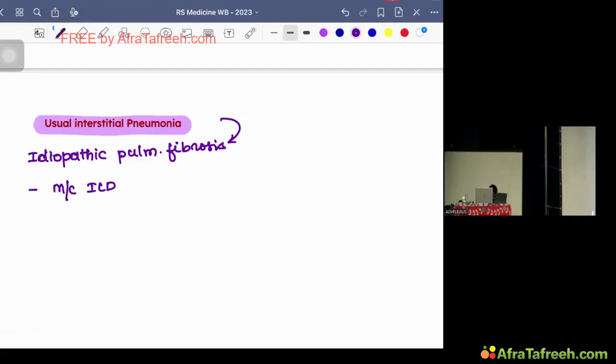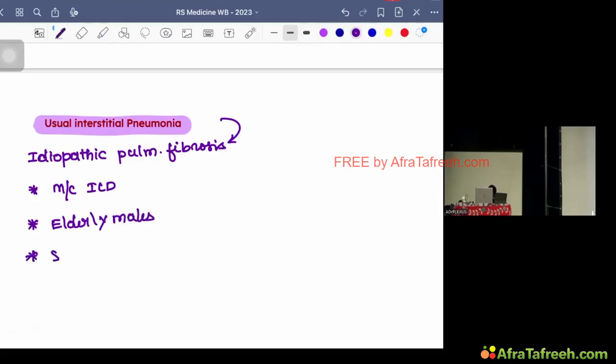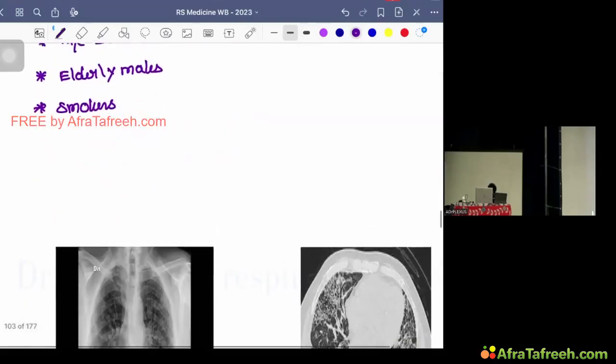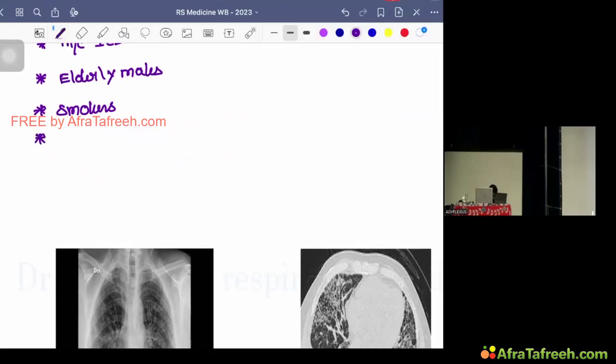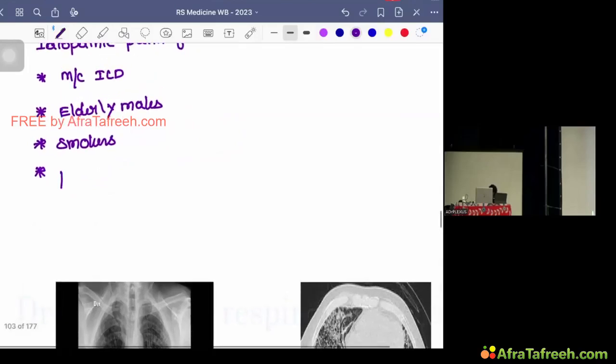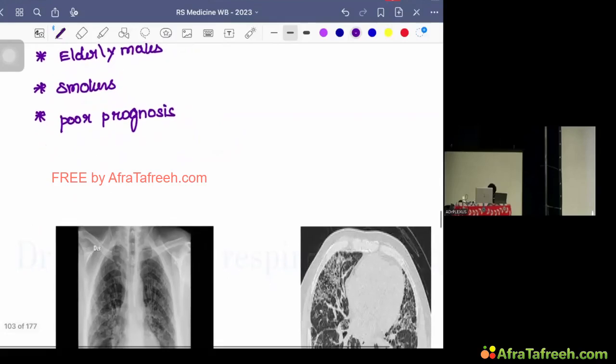It is usually seen in elderly males who are smokers. This condition is going to have a poor prognosis. So what is the investigation you can do?